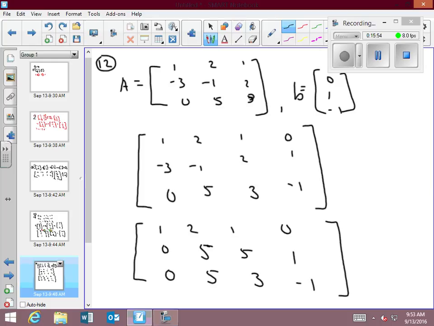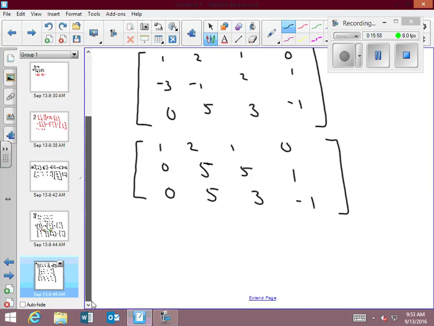What do you think? Divide the middle row, row 2, by 5 to get 1. It gives that, or else you can subtract that row from the bottom. It's whichever way. What do you want to do?